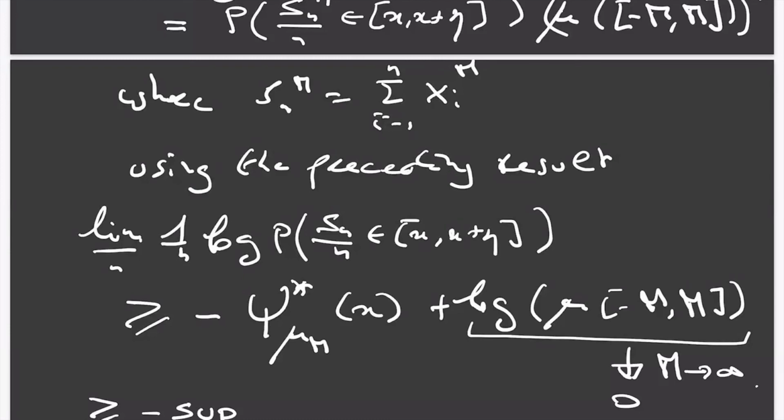It is the sup over lambda of lambda x minus the log of the integral between minus m and plus m of exponential of lambda z d mu of z, plus the log of this probability here.